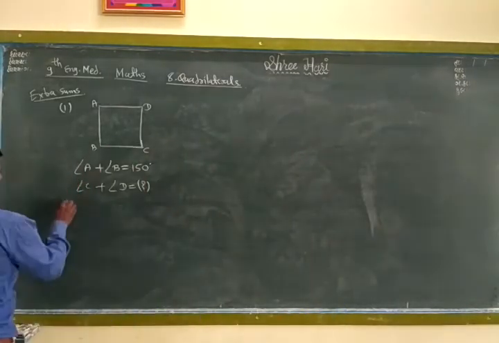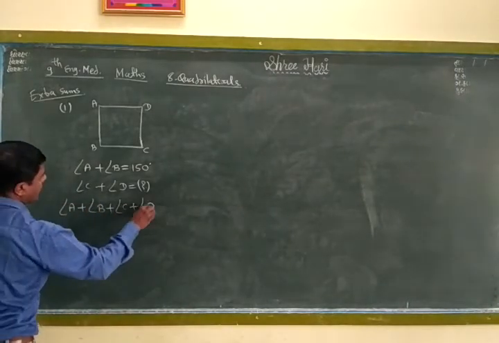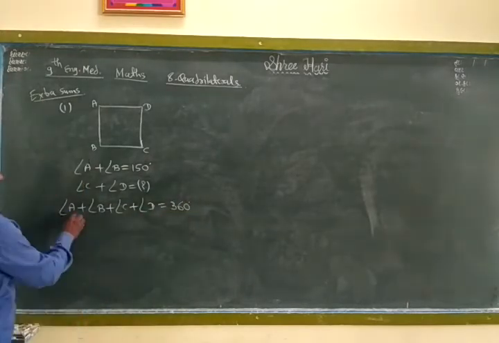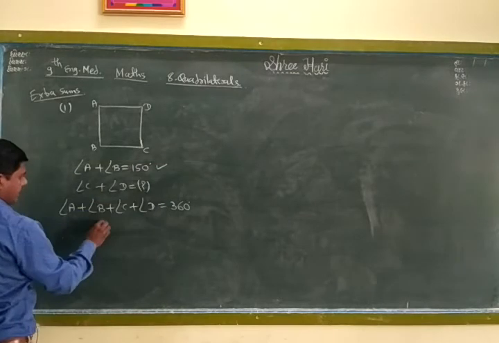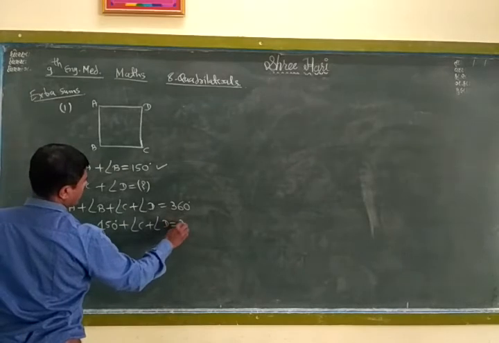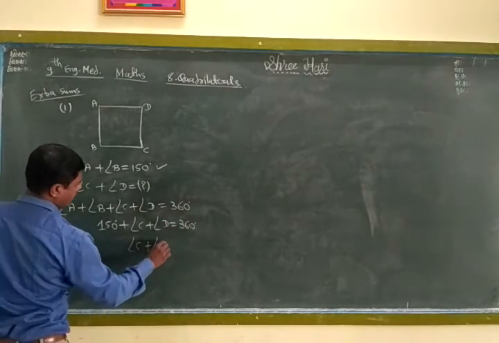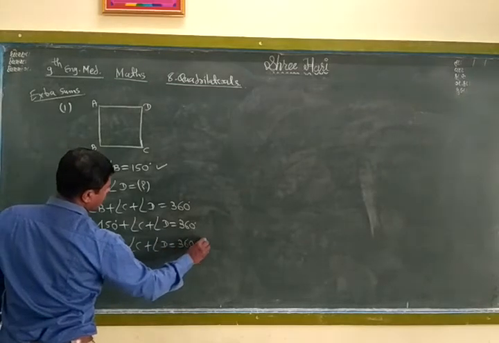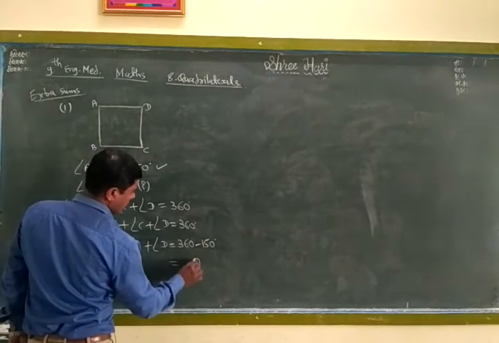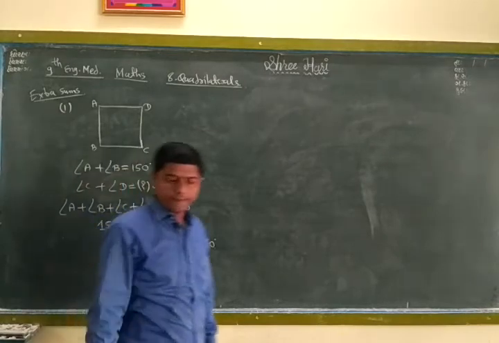Angle A plus angle B plus angle C plus angle D is equal to 360. We know A plus B is 150, so C plus D is equal to 360 minus 150, which is 210. This is the answer.